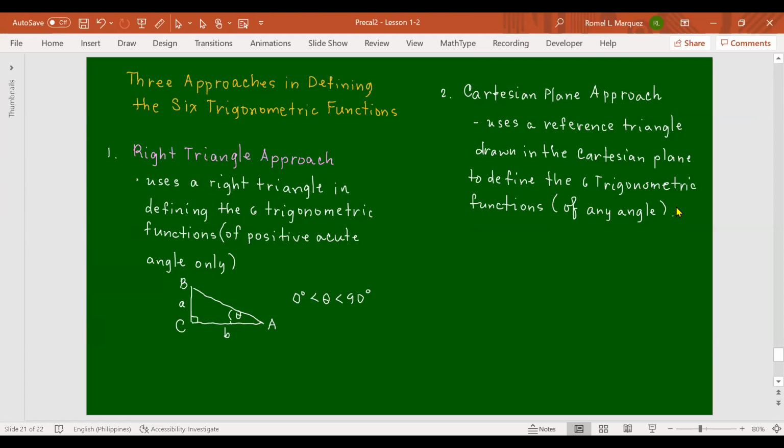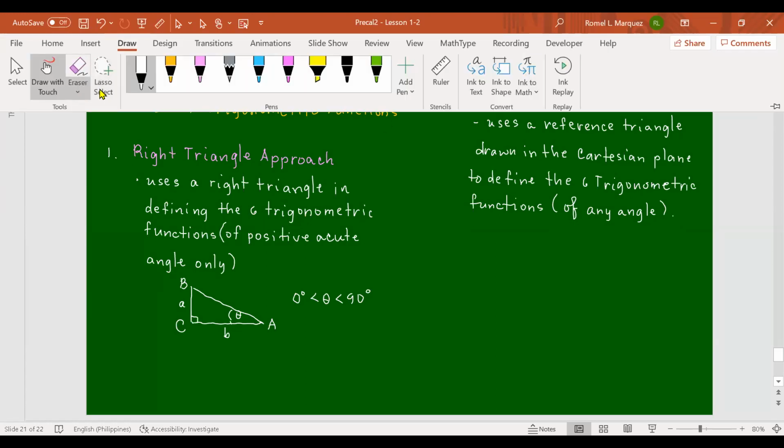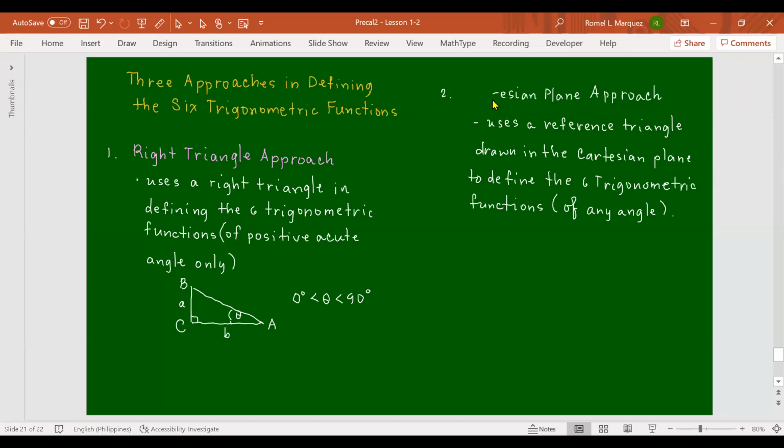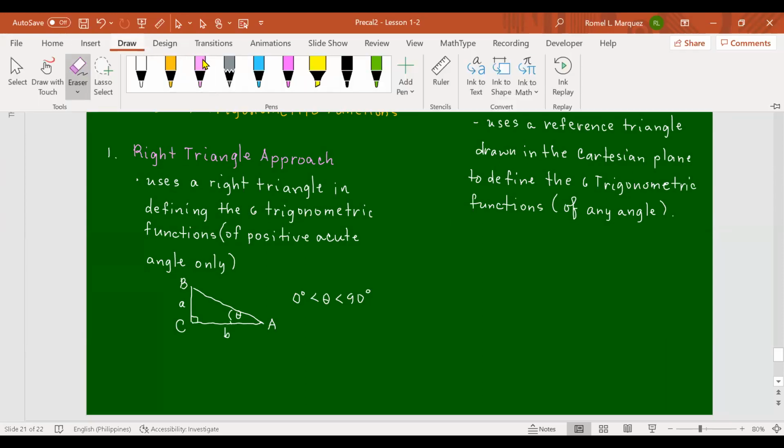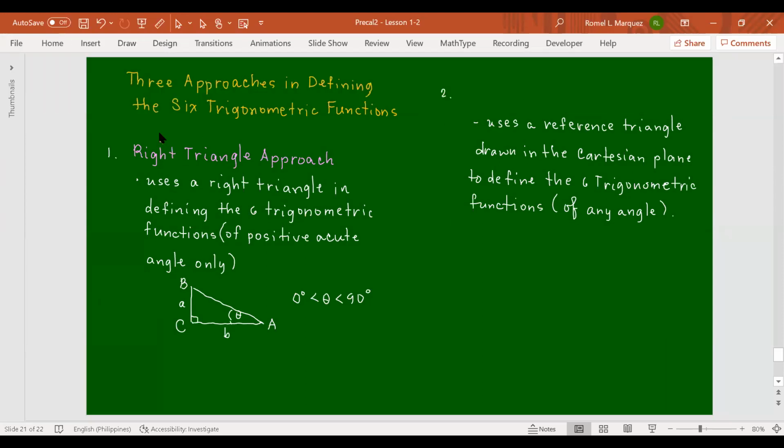So the right triangle approach is covered here in the Cartesian plane approach. It is actually the first quadrant case of the Cartesian plane approach. The right triangle in the Cartesian plane, first quadrant, that is the right triangle approach.